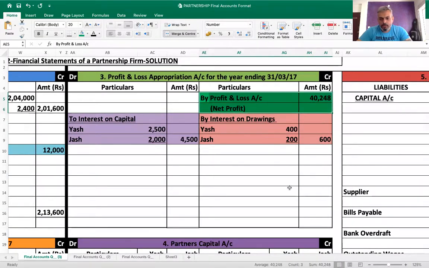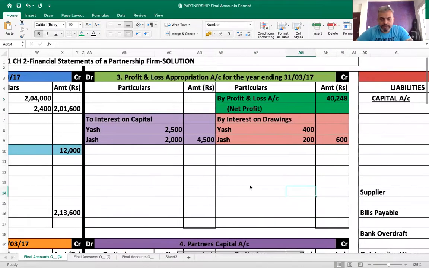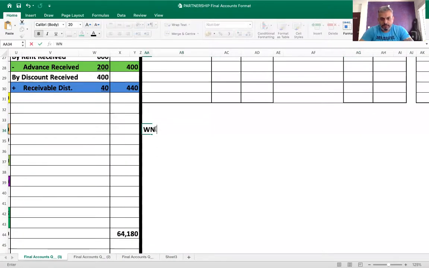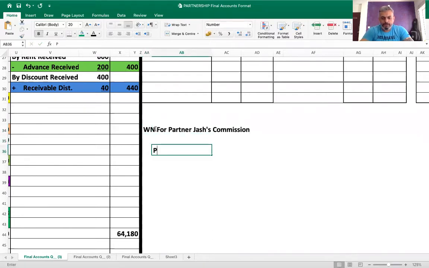Okay, now over here, we need to first find out what is our net divisible profit. So let's do that first in rough. Okay, so we do a working note for partner Josh commission. Please do the working note. Now first we'll find out profit before commission.